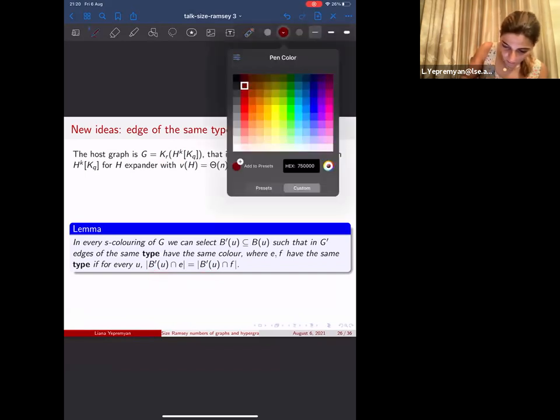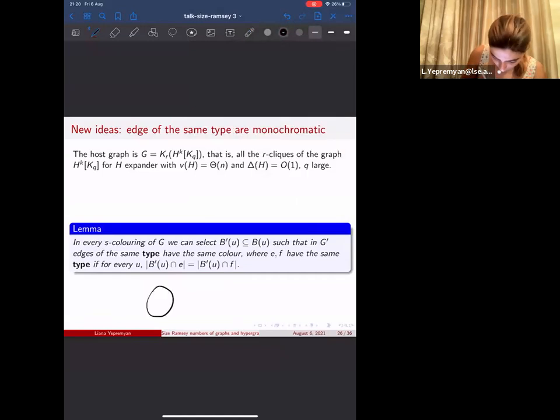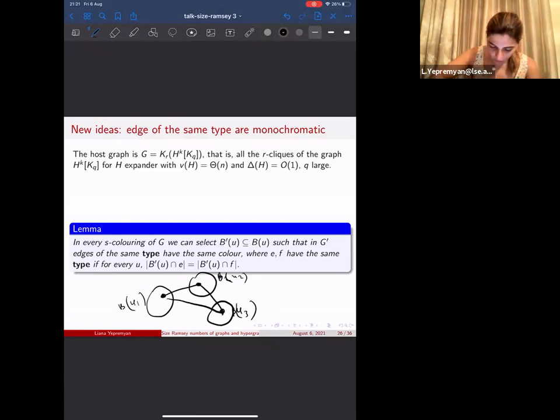So basically what this means is that if, for example, I'm looking at edges which go, say, through blob U1, U2, U3, intersecting each of these blobs just exactly once. So imagine I'm looking at 3-uniform graphs. If I have edges that are going like this, intersecting each blob exactly once, then all such edges have to have the same color.